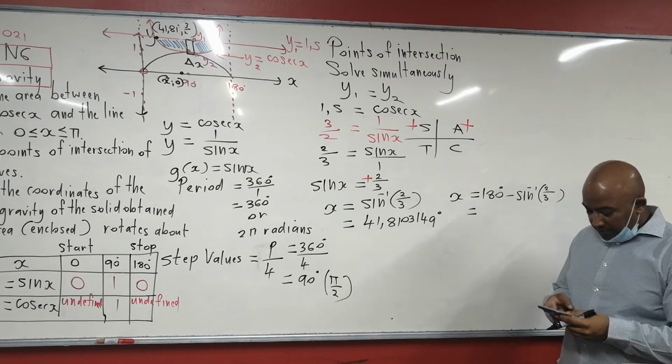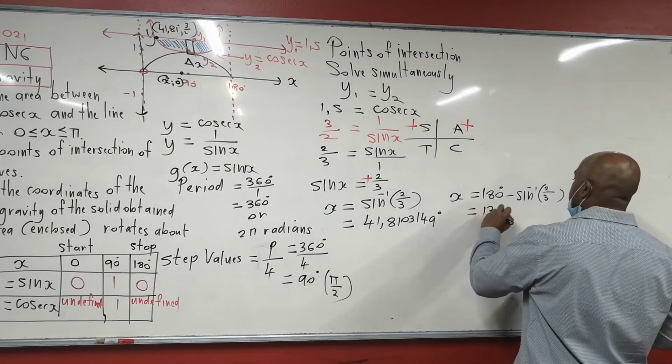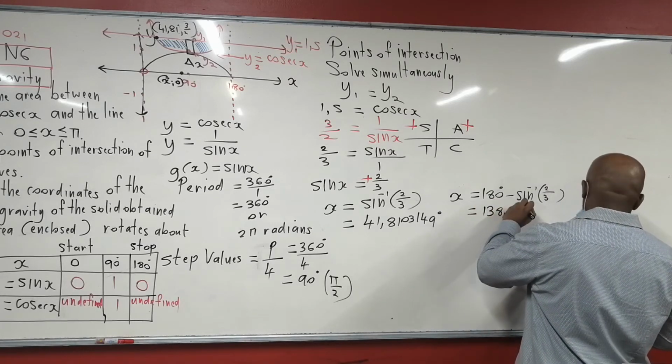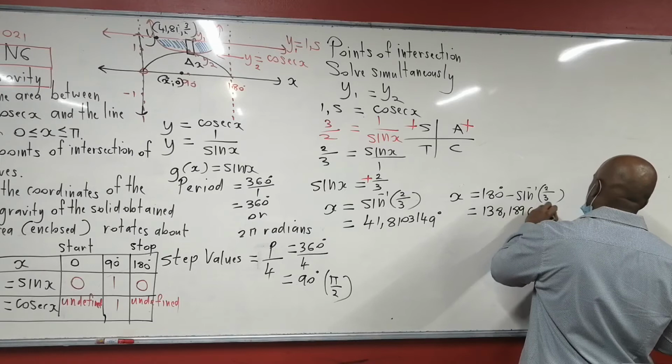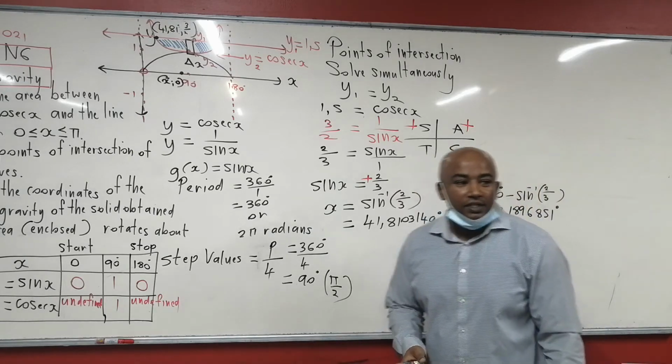So we got 180 minus inverse sine 2 over 3, which is 138,1896851 degrees.